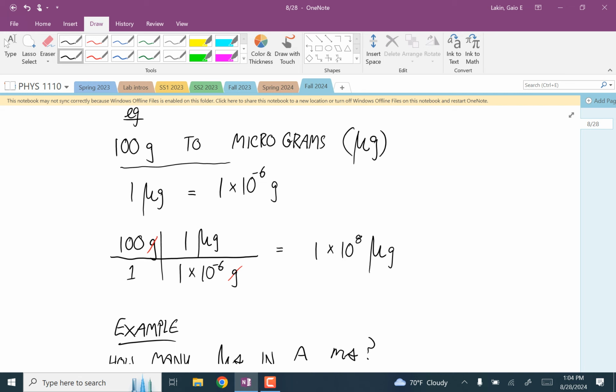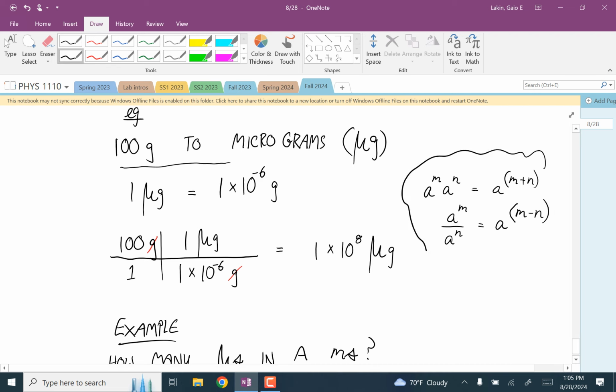We won't have to do too much of that kind of stuff, but if you have the same base, so let's say the A's are the same here, and they have different exponents, and you're multiplying them together, this is equal to A to the power of M plus N. And if you have A to the M over A to the N, that's equal to A to the power of M minus N. So sometimes that stuff is helpful with scientific notation.